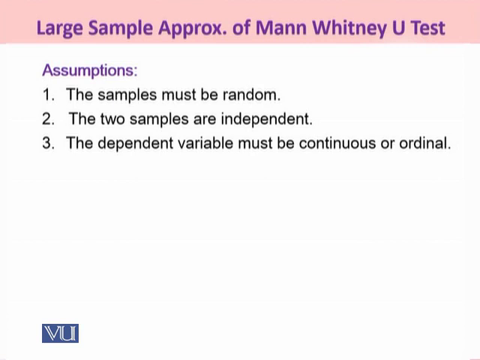If they are dependent on each other, we cannot follow the Mann-Whitney U-test or apply the normal approximation. The last assumption is that the dependent variable must be continuous or ordinal. That means we cannot use data measured on a nominal scale; the normal approximation is applied to continuous data or at least data measured on an ordinal scale.